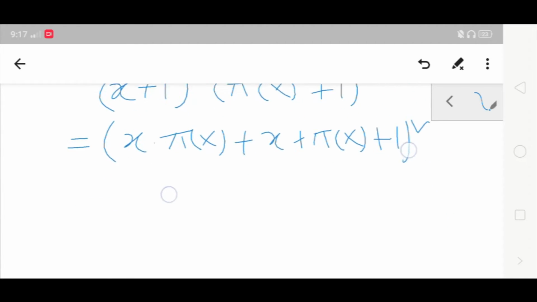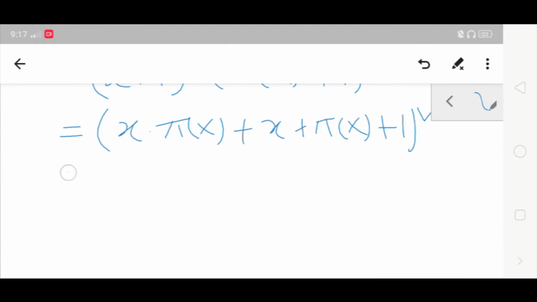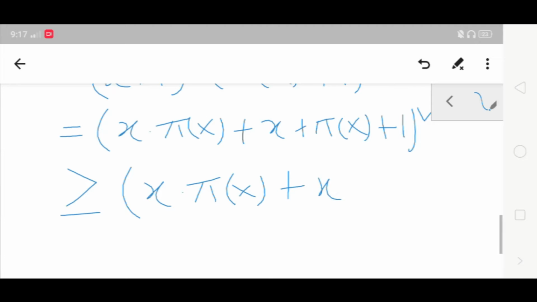Now note that it is greater than or equal to x times pi of x plus x plus pi of x plus the square of pi of x minus x.